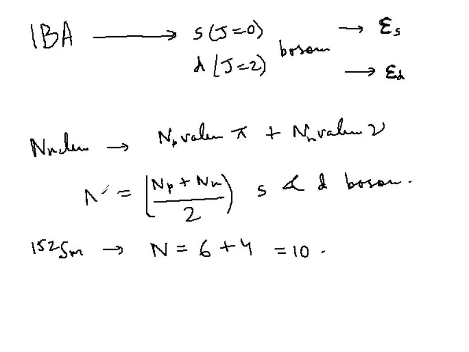This is the number of bosons N, which is just (Nn plus Np) by 2. Now here I have written down this N. You check it for yourself. This will be a homework for you. You easily find it. Okay.